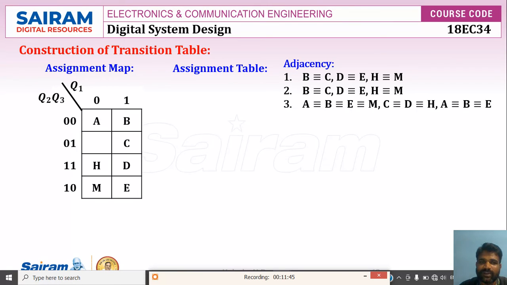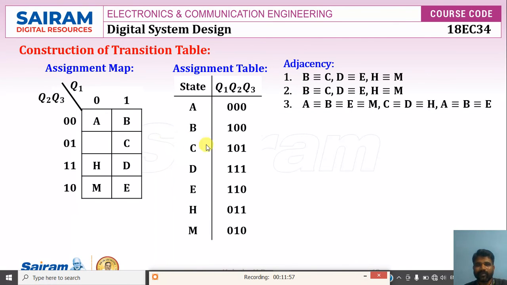Then the assignment. For A, the values of Q1, Q2, Q3 are 0, 0, 0. And for B, 1, 0, 0. For C, 1, 0, 1. For D, 1, 1, 1.